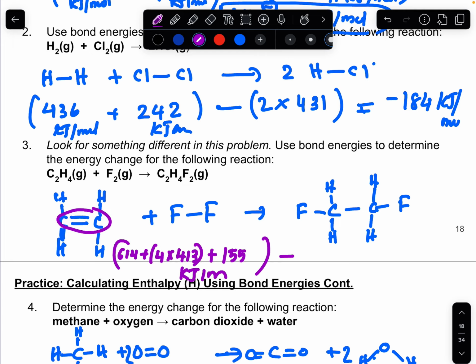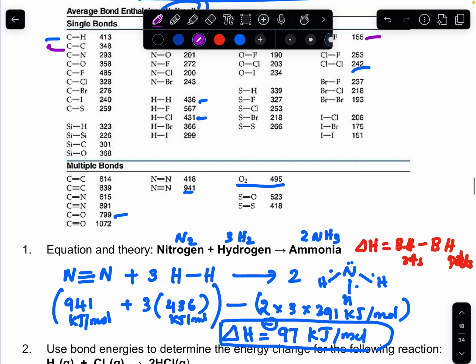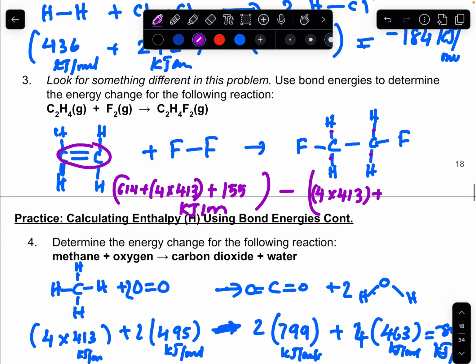Then minus, okay, there are 1, 2, 3, 4 C-H bonds. So it's the same value, so I'm going to multiply 4 times 413. Okay, plus there is one C-C single bond, which is 348. And plus there are 2 C-F bonds, right?